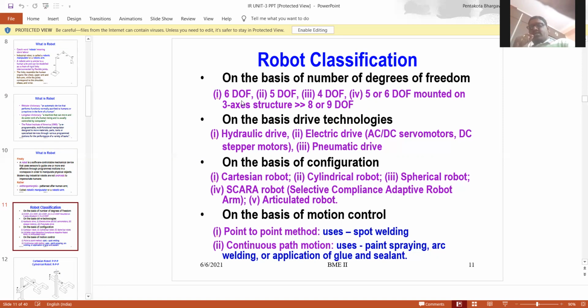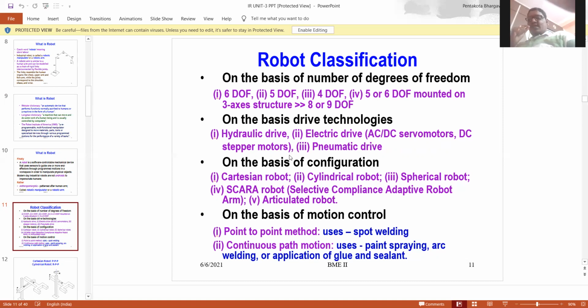On the basis of drive technologies: hydraulic drive, electric drive, AC and DC servo motor, DC stepper motor, and pneumatic drive. In unit 6 the same topics appear, where we mentioned the hydraulic actuator, electric actuator, and pneumatic actuator.